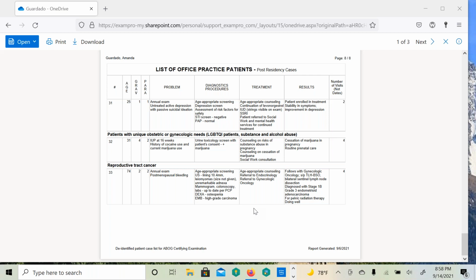She was a 74-year-old who came in for her annual exam and then reported postmenopausal bleeding. So I got an ultrasound and subsequently did a biopsy and diagnosed her with endometrial cancer, and she subsequently underwent treatment with ONC. Separately, I had ordered a DEXA for her and it came back osteopenia.